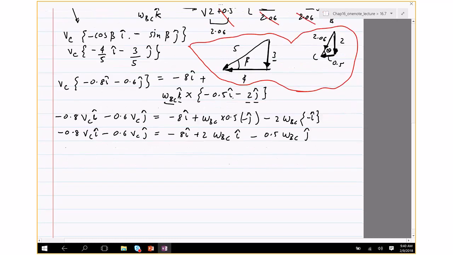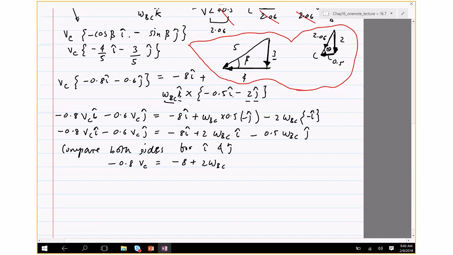We can compare both sides. Equals minus 8 plus 2 omega BC. Okay, so comparing the I components and then comparing the J components, we get minus 0.6 VC equals minus 0.5 omega BC.